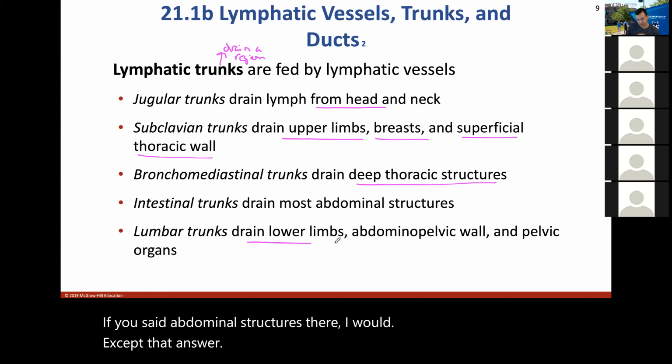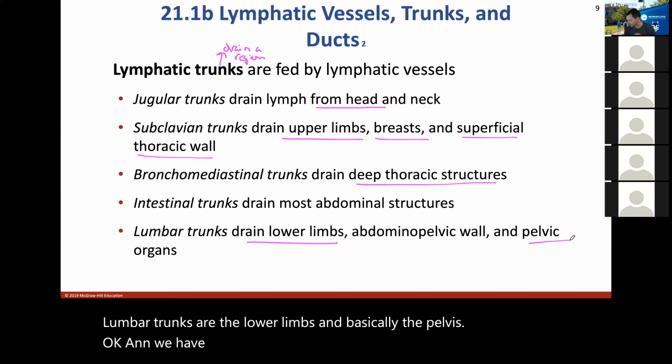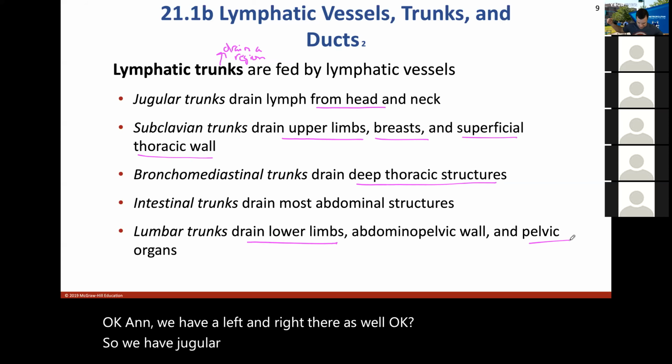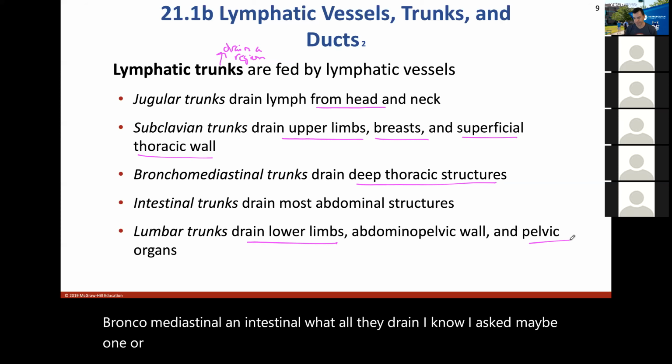Lumbar trunks are the lower limbs and basically the pelvis. And we have a left and right there as well. So we have jugular trunks, subclavian trunks, lumbar trunks, bronchiomediastinal, and intestinal. What all they drain, I know I asked maybe 1 or 2 questions associated with that.